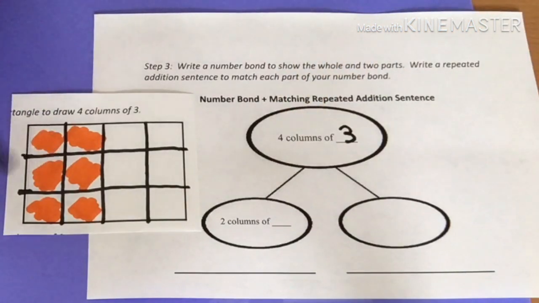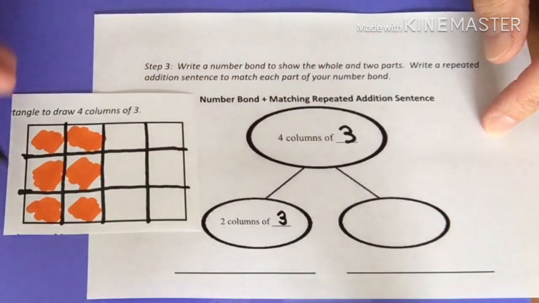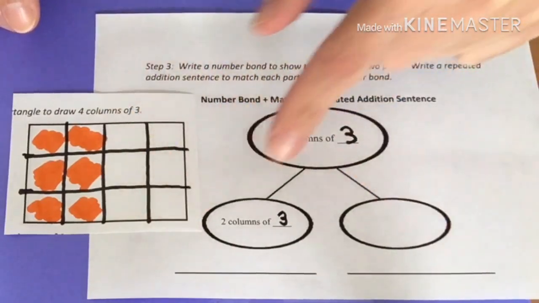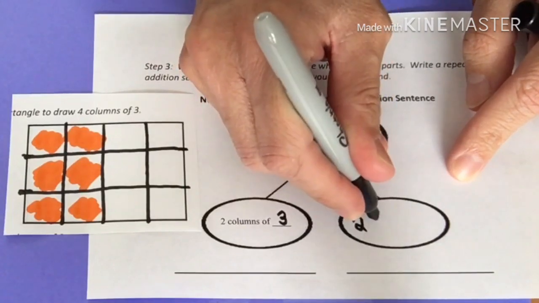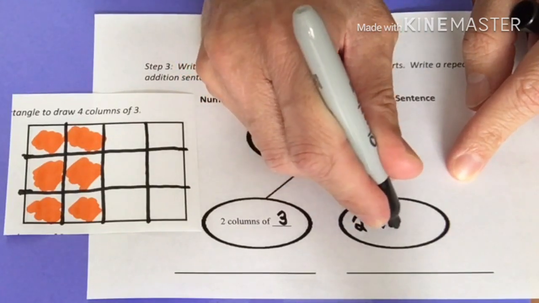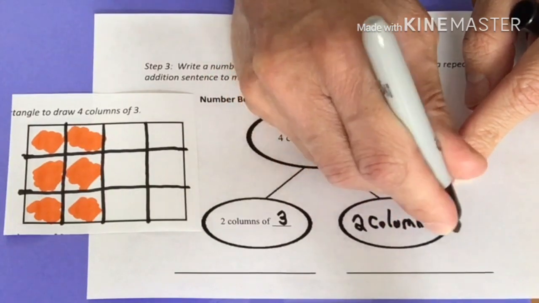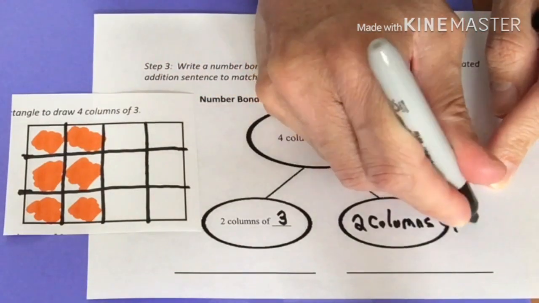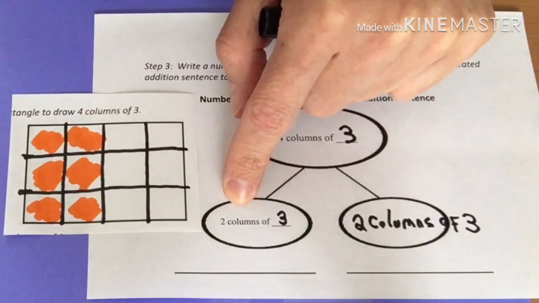Then we divided that by coloring 2 columns of 3. And then the other part is the white part. So that's gonna be 2 columns of 3, just like this one.